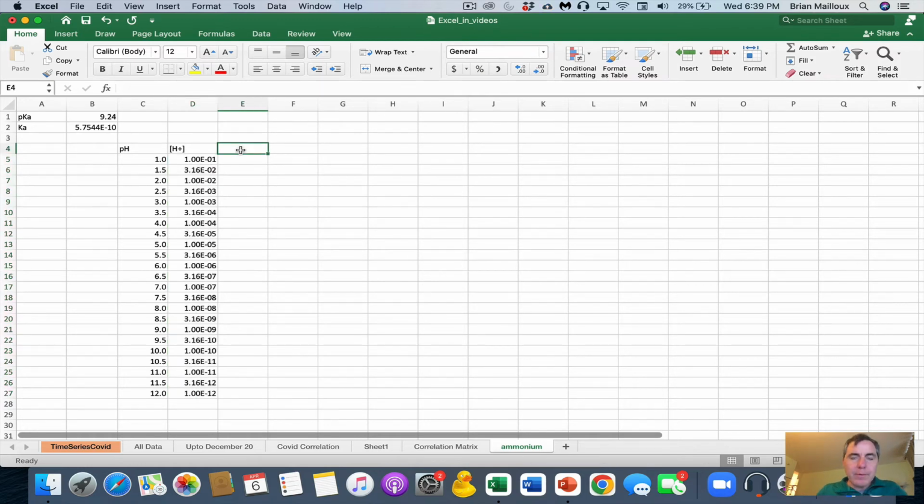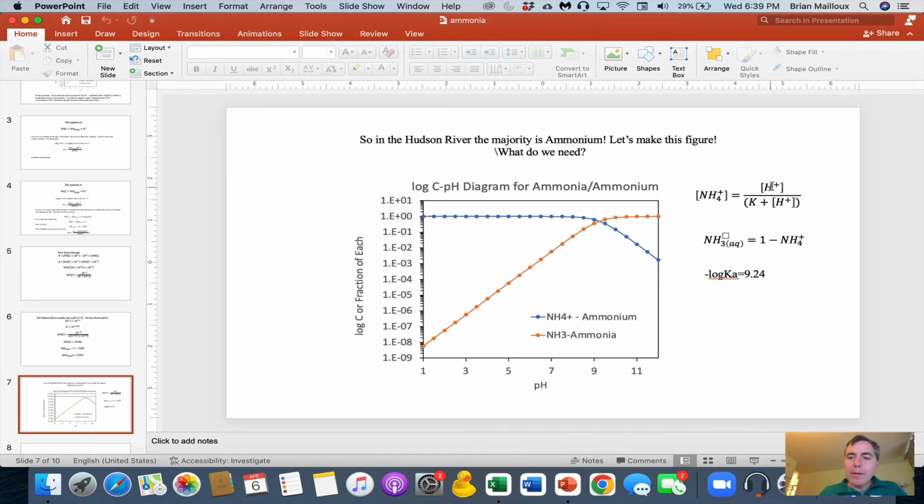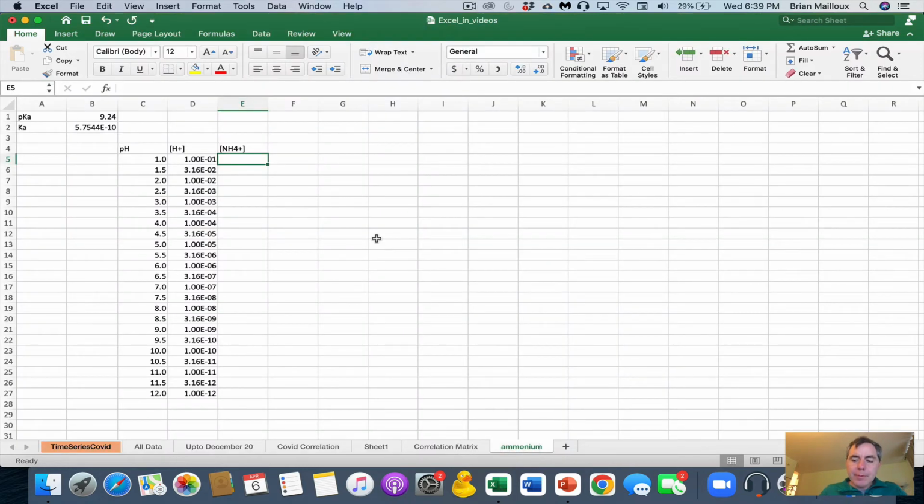And now we're going to figure out our NH4 plus concentration. Now if I forget the equations, I go back. Here it is. So it's H plus divided by K plus H plus. So it's equal to H plus divided by their Ka plus H plus.